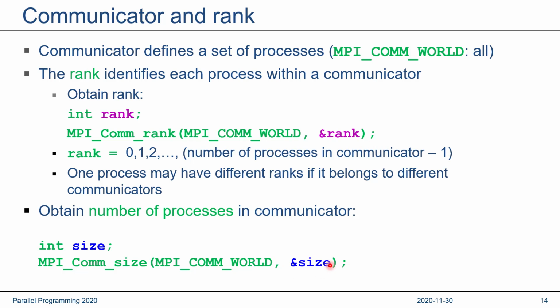Again, the size argument is an output argument. You have to supply the address of a variable here, and what you get is the number of processes in the communicator. You also see a typical pattern here: most MPI functions require a communicator argument in order to tell which group of processes, which communicator, is actually meant.